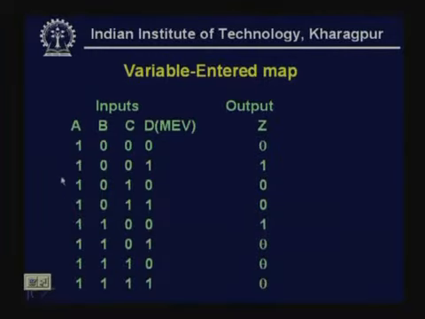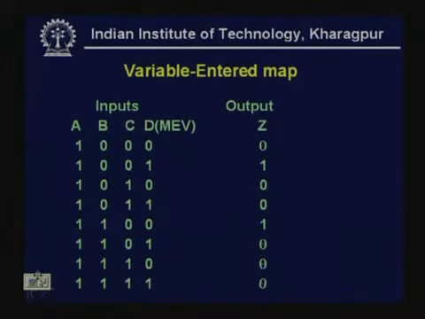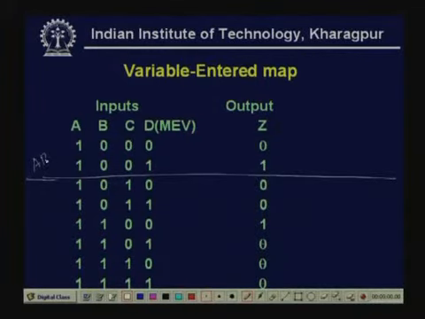Now again for the next pair, if we draw, see, actually this is for the term A, B dash, because this is 1 A, B is 0 means B dash, and C is 0 means C dash.